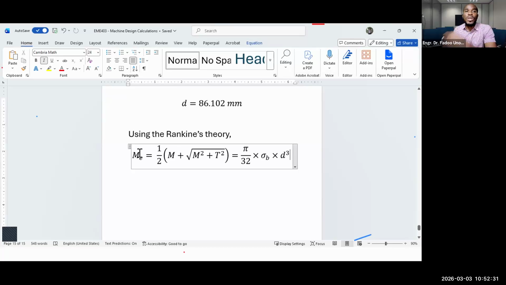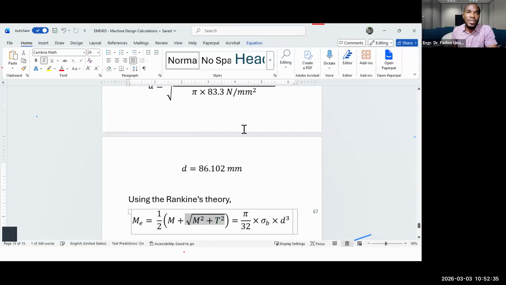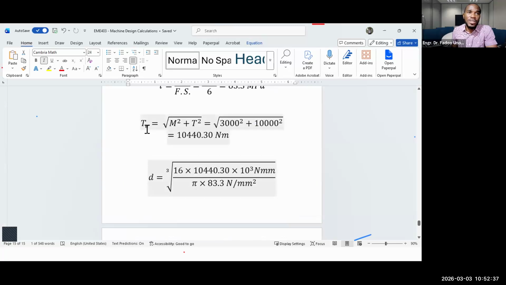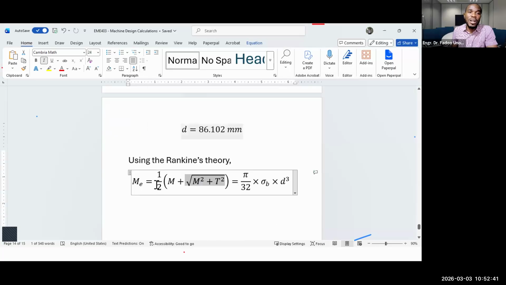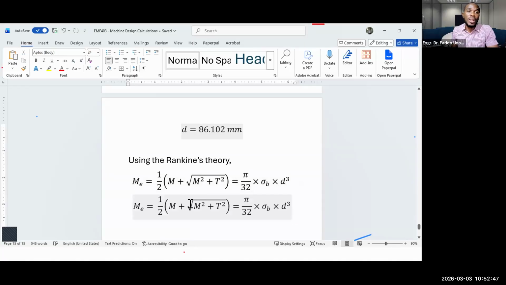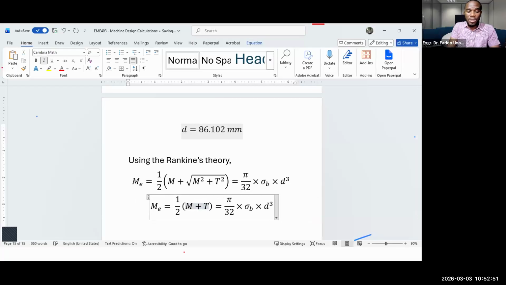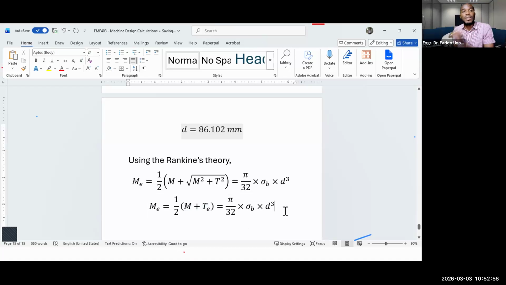You will quickly recognize that this part alone is the same as our TE. We found it before. So to ease our calculations, we can express this whole expression as M plus TE.